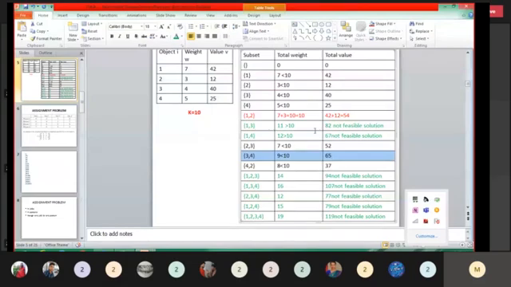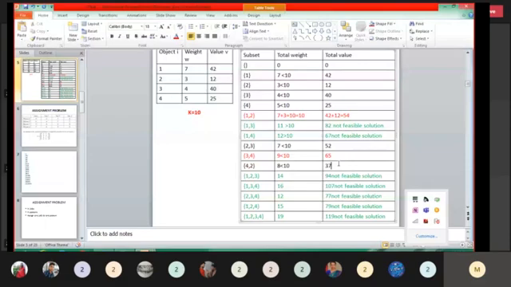Now tell me, among these two, which is the optimal solution? The subset 1, 2: weight is 10, value is 54. So 10 is equivalent to 10. We can keep the objects 1 and 2 in the bag, right?